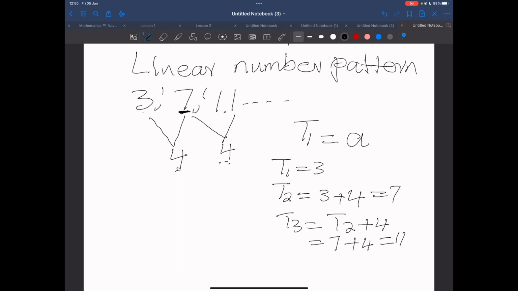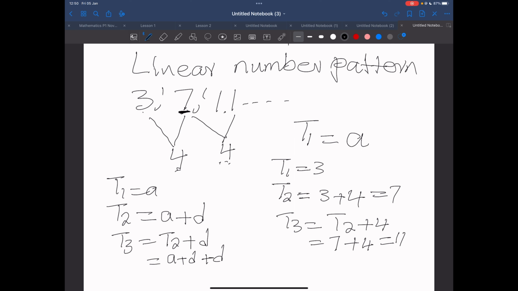Now, if we are going to generalize, we will say term number 1 is A, and to get to term number 2, it is term number 1 plus the difference. If we want term number 3, it's term number 2 plus the difference. Term number 2 we said is A plus D, then plus the difference.